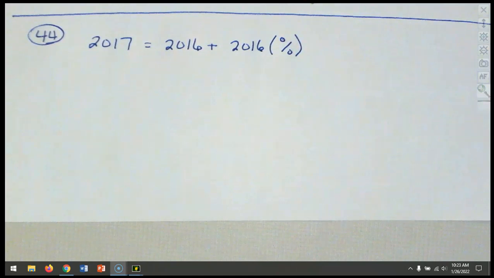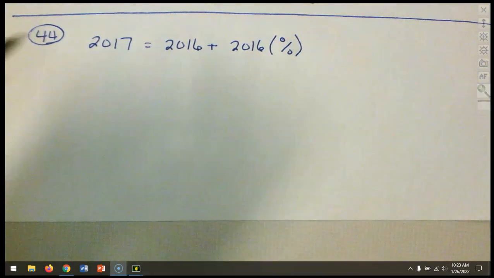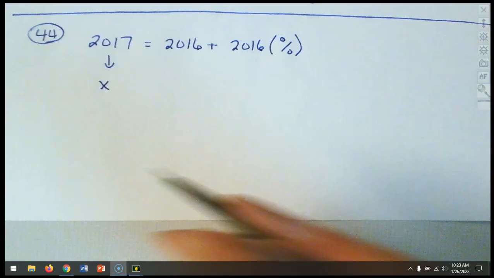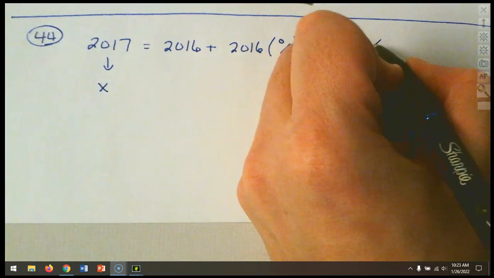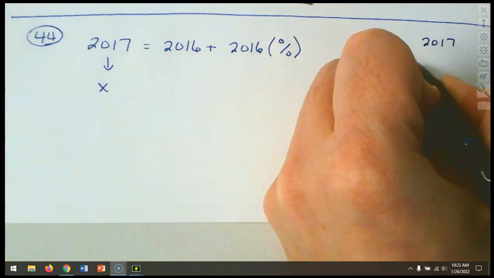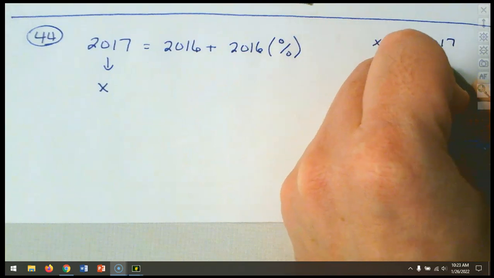So now we plug it in and we see what we have and what we need to find. Do we know the 2017 number? Nope. So you can put an X or you can leave it as 2017. I'll probably put an X just so we don't get confused there with the 2017 thing. It's a number. So X is the 2017 amount.